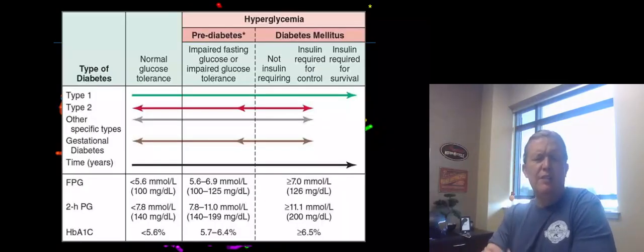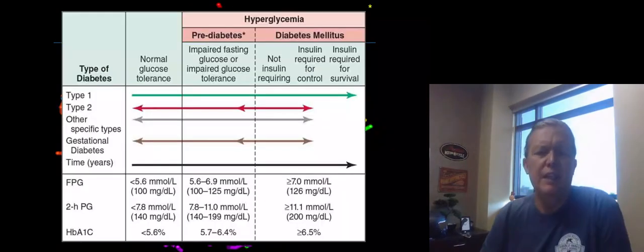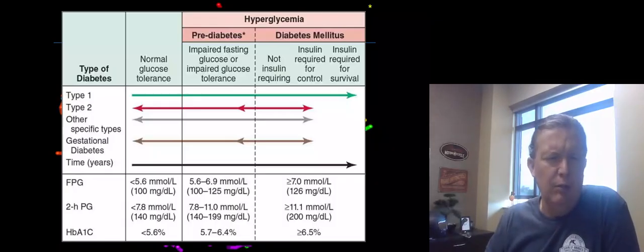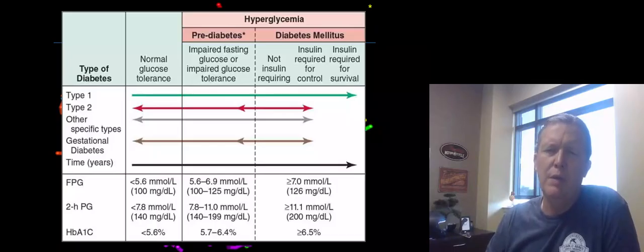Now, this slide is just to kind of give you an overview of the general types of hemoglobin or diabetes, their range, where they're going to show up with a normal glucose tolerance test, what we refer to as pre-diabetes, what would be indicative of that, and then also what would be diagnostic for diabetes.